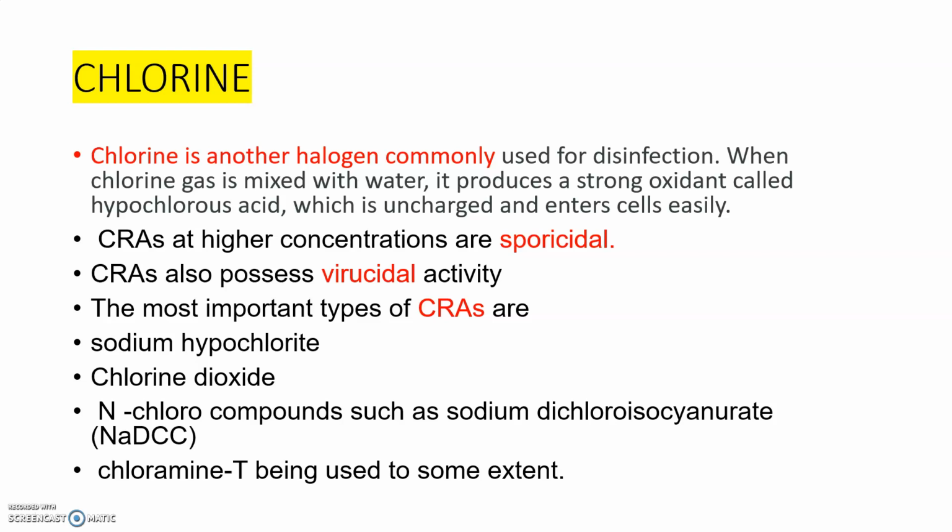Chlorine releasing agents. CRAs at higher concentrations are sporicidal and may also possess virucidal activity. The most important types of chlorine releasing agents are sodium hypochlorite, chlorine dioxide, and chloro compounds such as sodium dichloroisocyanurate, then chloramine T.